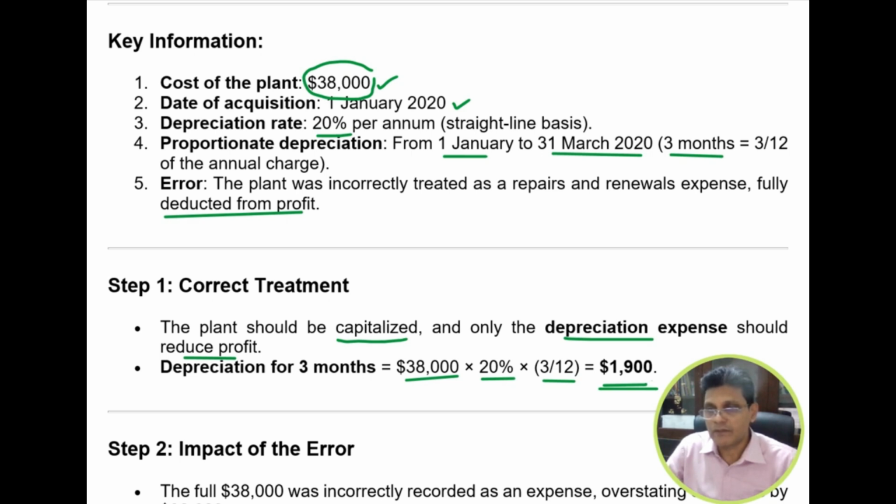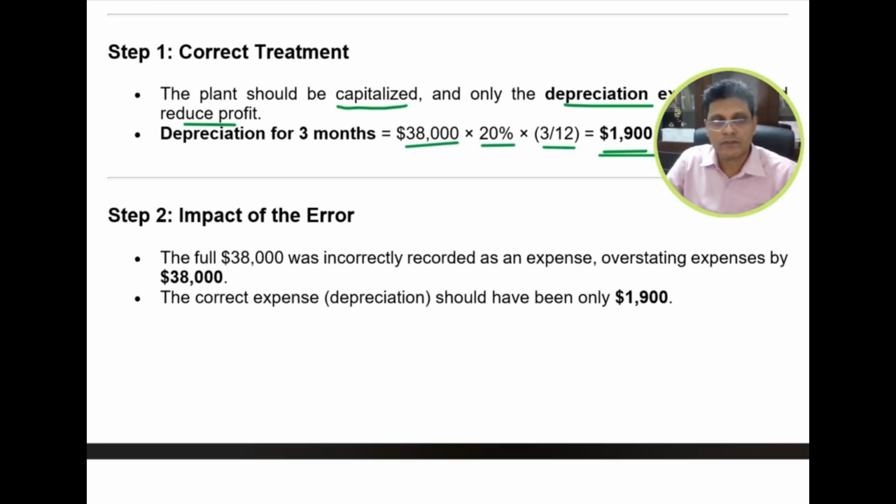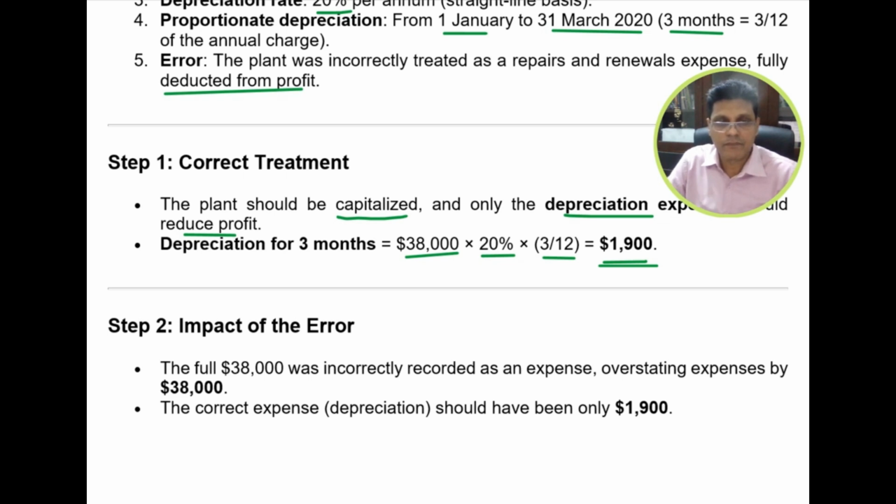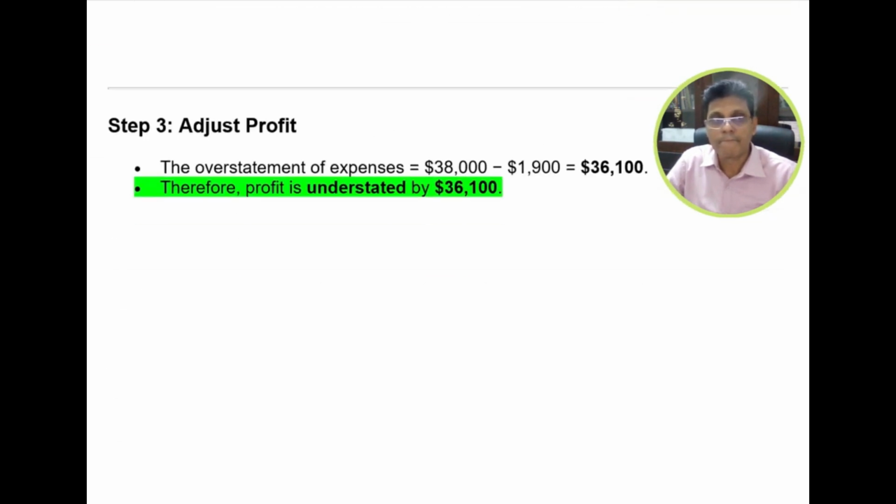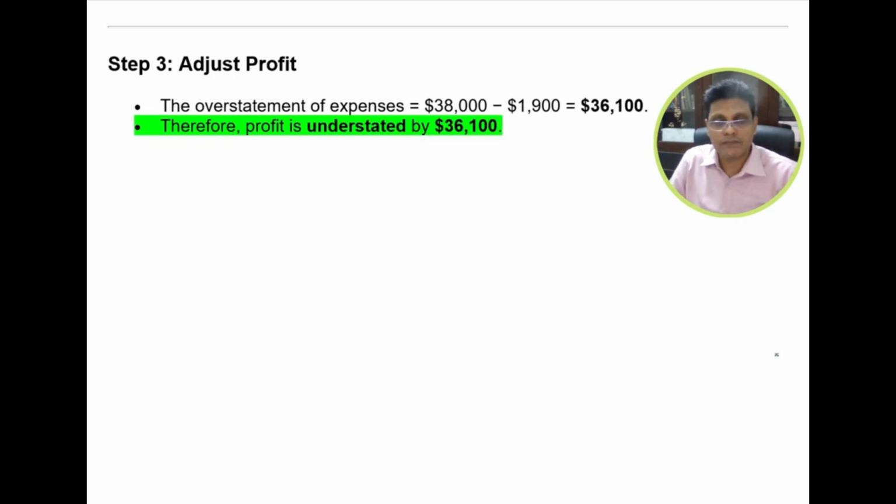So what is the impact of the error? The full 38,000 was incorrectly recorded as an expense, overstating expenses by 38,000, and the correct expense should have been only 1,900, which we calculated. So what should be the adjusted profit?